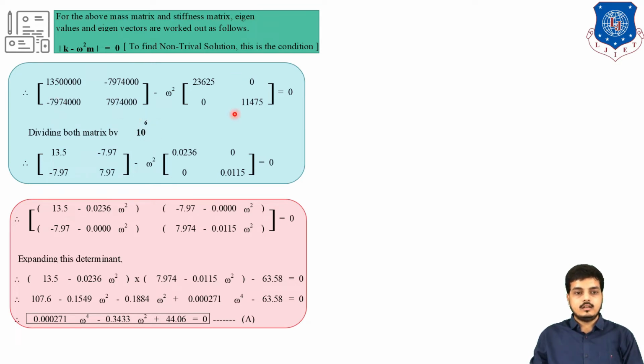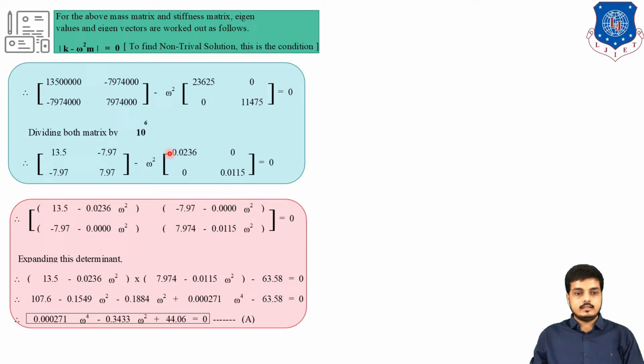Dividing the entire matrix by 10 raised to 6, I get 13.5, minus 7.97, minus 7.97, 7.97. This will be 0.0236 and this will be 0.0115. So 1147 is rounded up to 115.